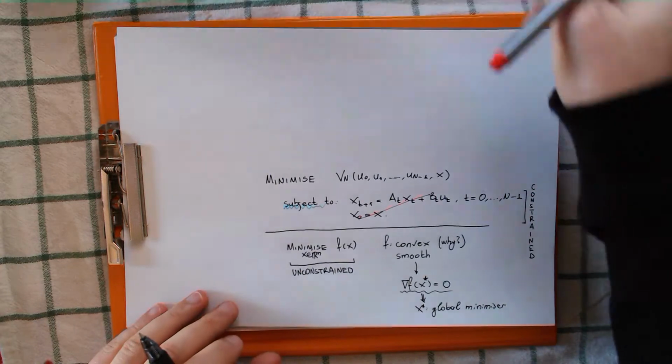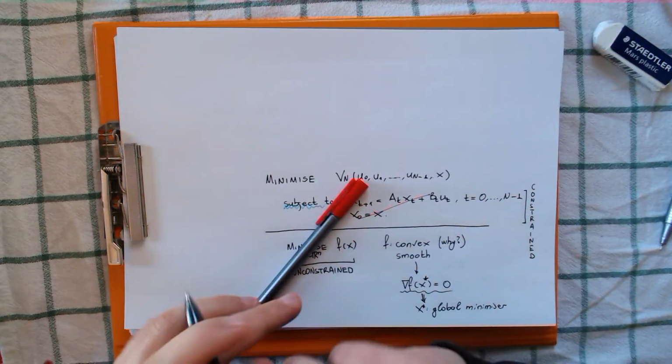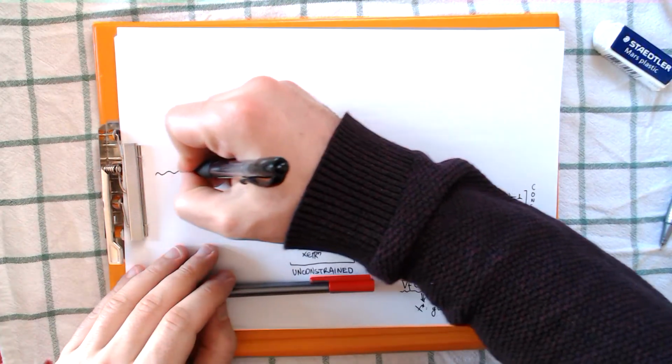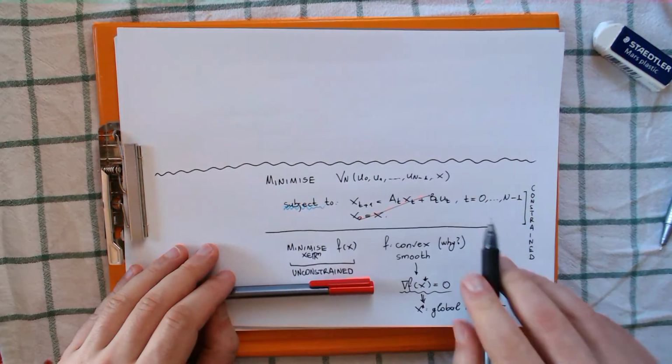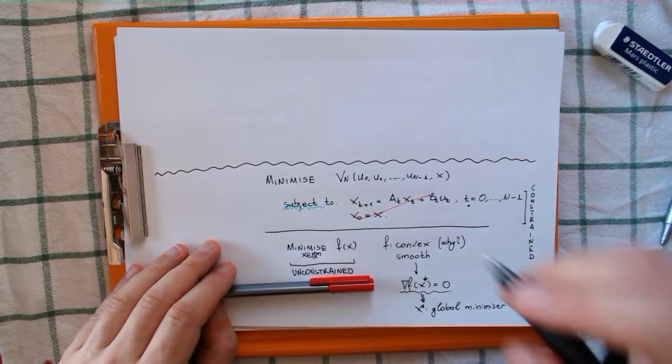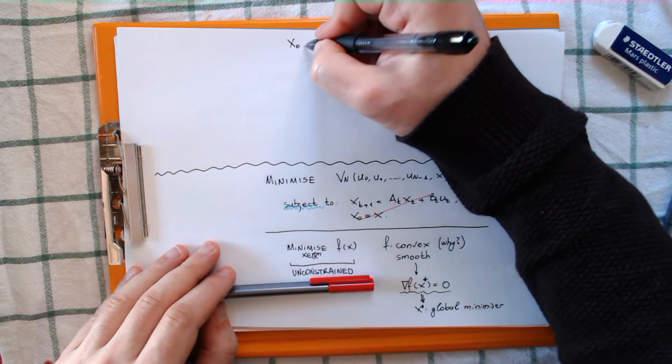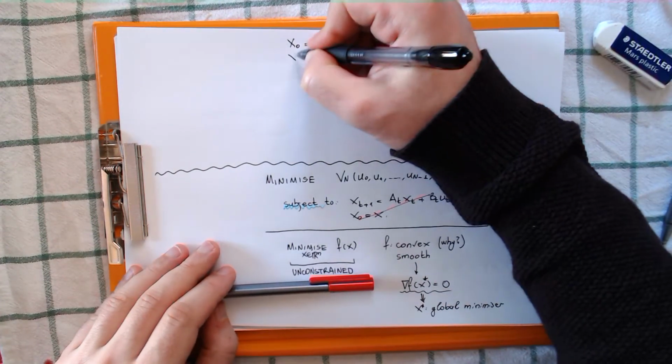How? But simply by writing out these equations from time 0 to time n-1. So let's start. x0 is x. What is x1?